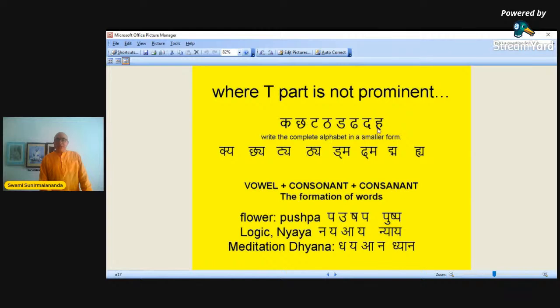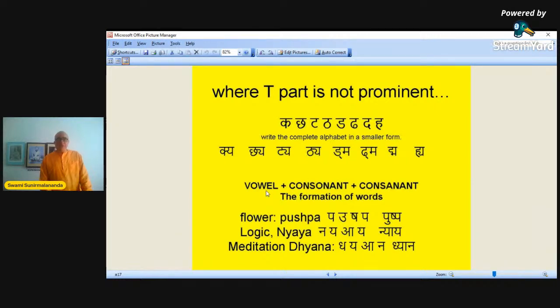So in such letters where there is no T prominently present on the right-hand side of the consonant, all you have to do is place them directly, make little adjustments, and then you have the combined consonants. So vowel plus consonant, consonant plus consonant is all a matter of small changes, variations.